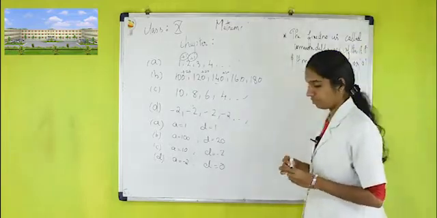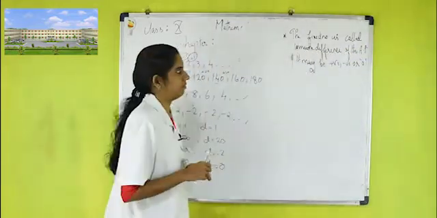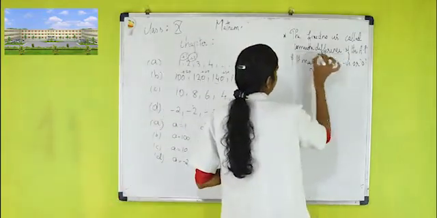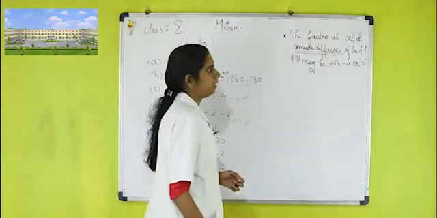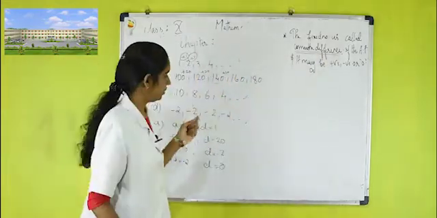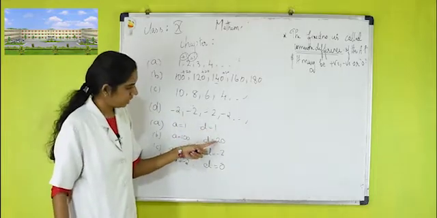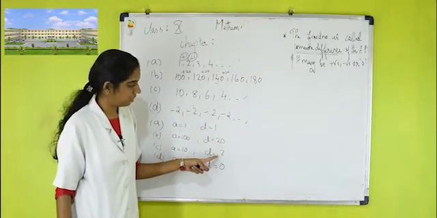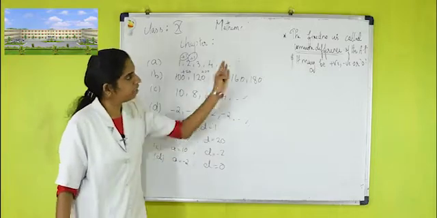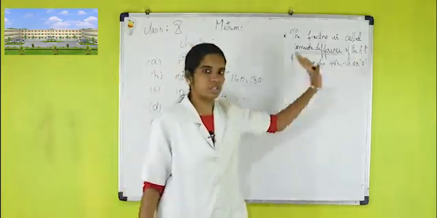Please underline this word, common difference. So in this case it is 1, here 20, here the common difference is minus 2, right? And here the common difference is 0. So it may be positive, negative or 0.